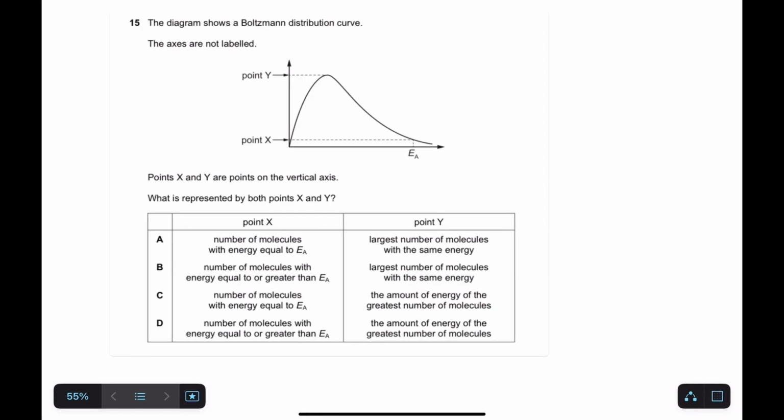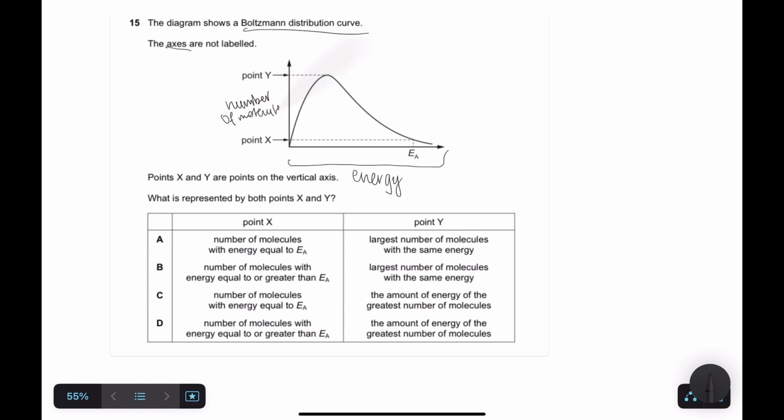Question 15. The diagram shows a Boltzmann distribution curve and the axes are not labeled. But if you know the Boltzmann distribution curve, you should know the axes. The x-axis is the energy and the y-axis is number of molecules.